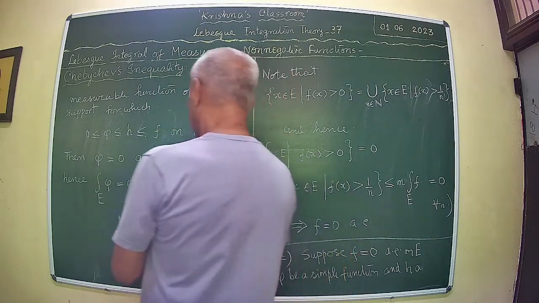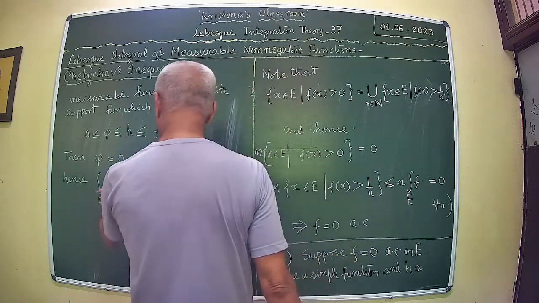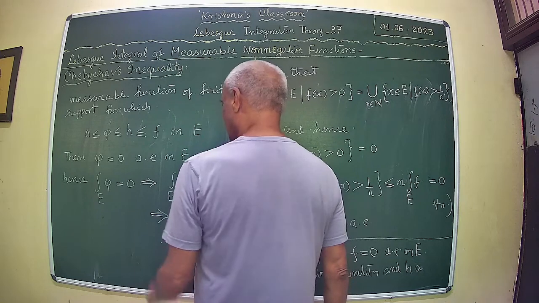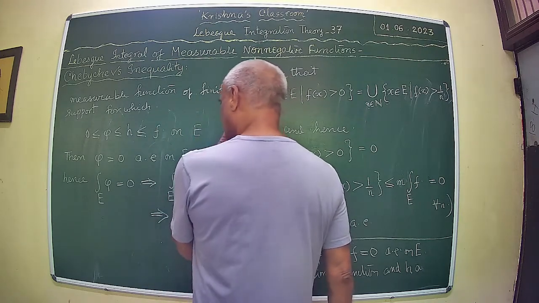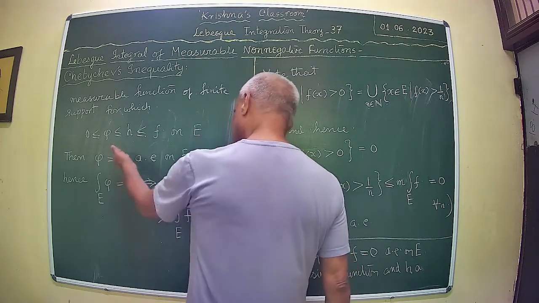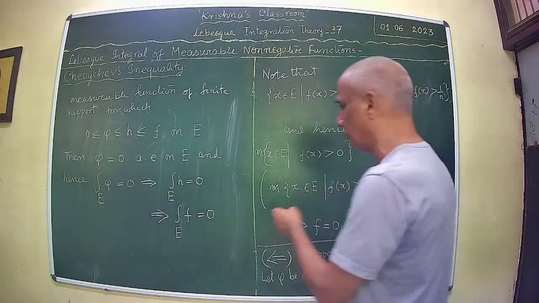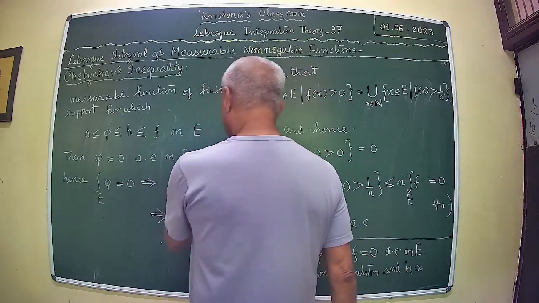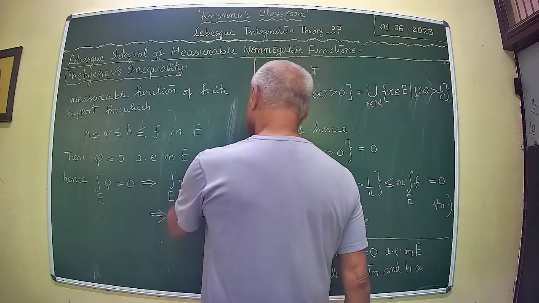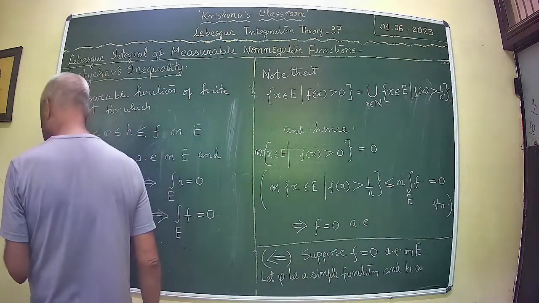And if phi is a simple function which is 0 almost everywhere, then you know its integral over E of phi is equal to 0, which implies integral over E h is 0 because phi is less than or equal to h, and h is approximated through such phi's. So these are all zeros. So phi is an arbitrary simple function that you have chosen with this property. Therefore, this is 0. And again, you are approximating f by such h's, and this is 0 for every h, so this is 0. Okay.